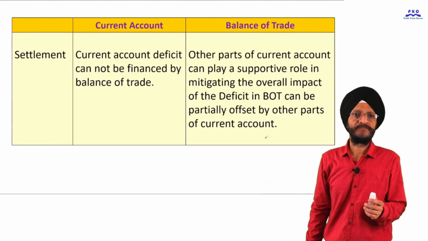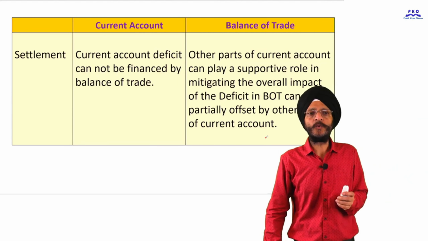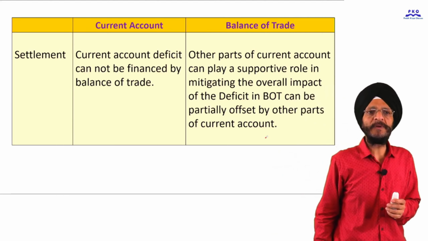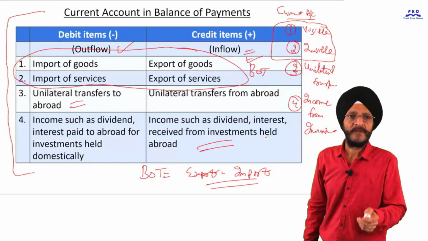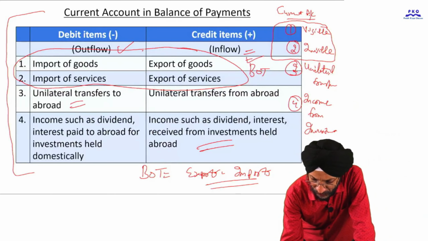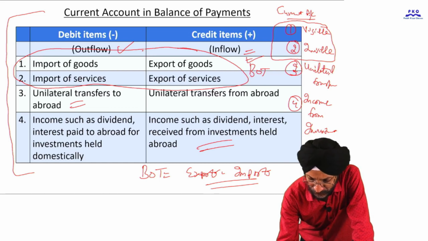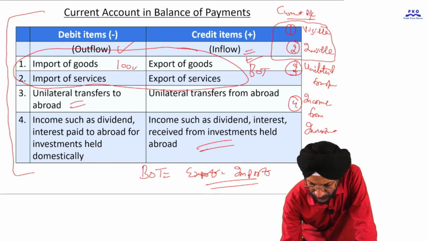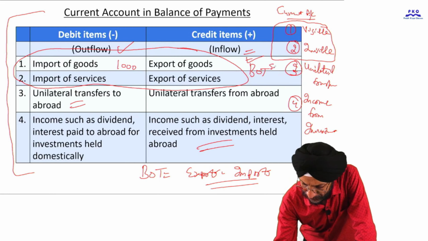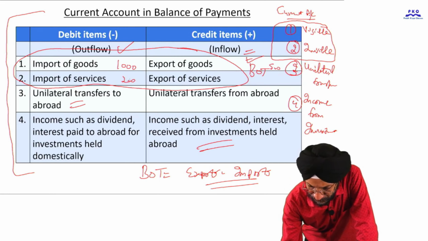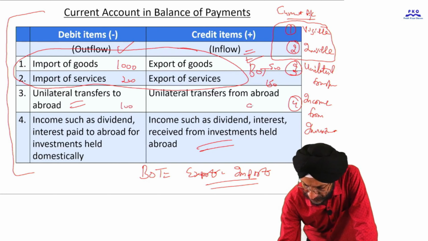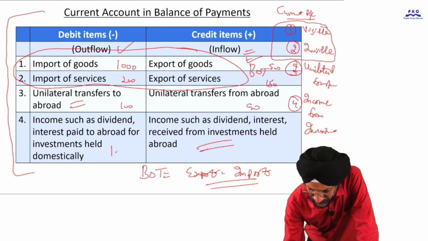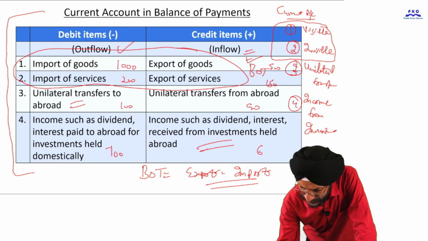Now, settlement. Current account deficit cannot be financed by balance of trade. What does it mean? When we record all these transactions, suppose it is 1000, it is 500, it is 200, it is 150, it is 100, it is 90, it is say 700, it is say 600.